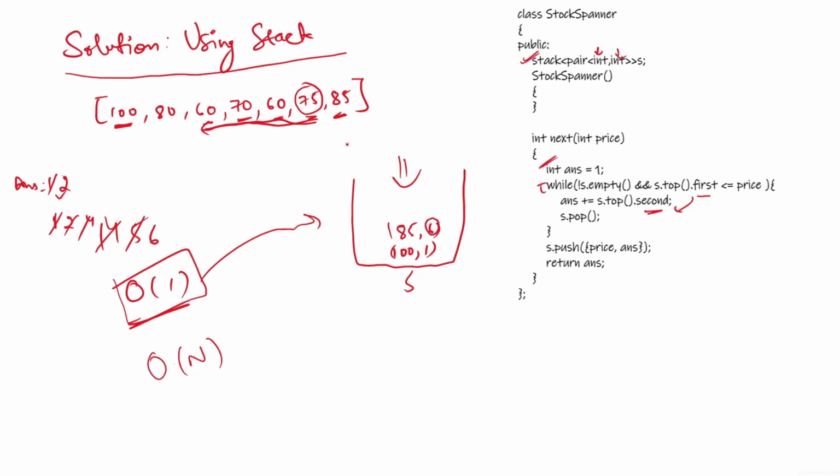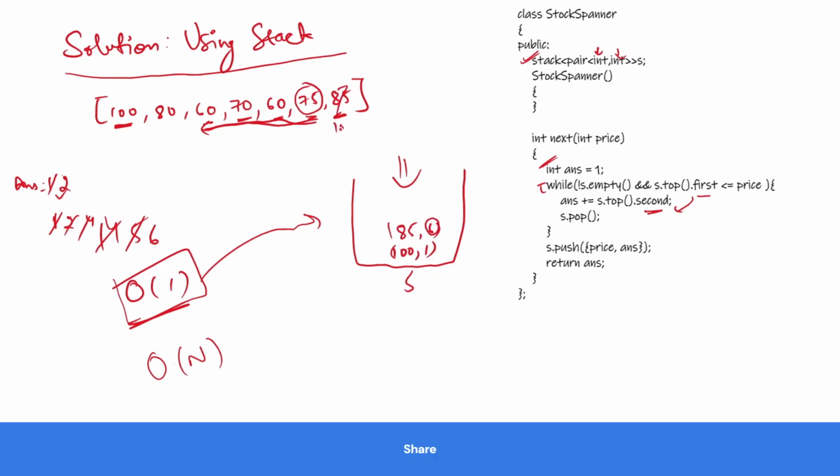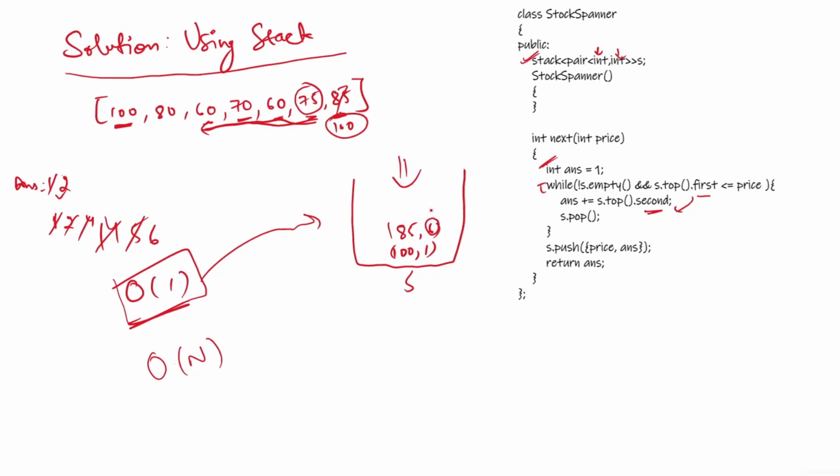So let's say if this is 100, and my 100 is greater than this, then I will add this 6 to my current answer. Finally, once I have calculated my answer, I will put it here like 100, 7, and I will return this answer for this next operation.